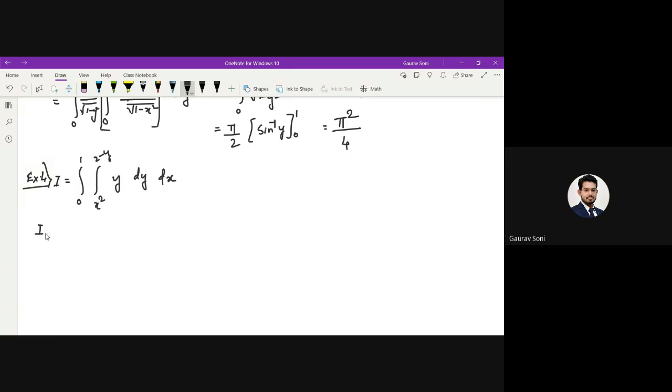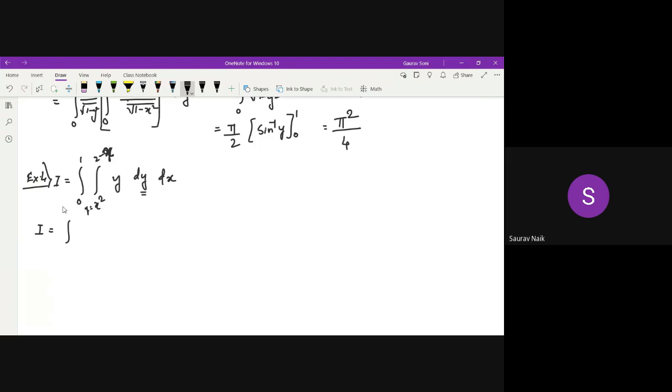So what I have, I is equal to integration, 2 minus x, sorry. Whom are you integrating with respect to first? First you are integrating with respect to y. These limits are going to be for y. These limits are for which variable?